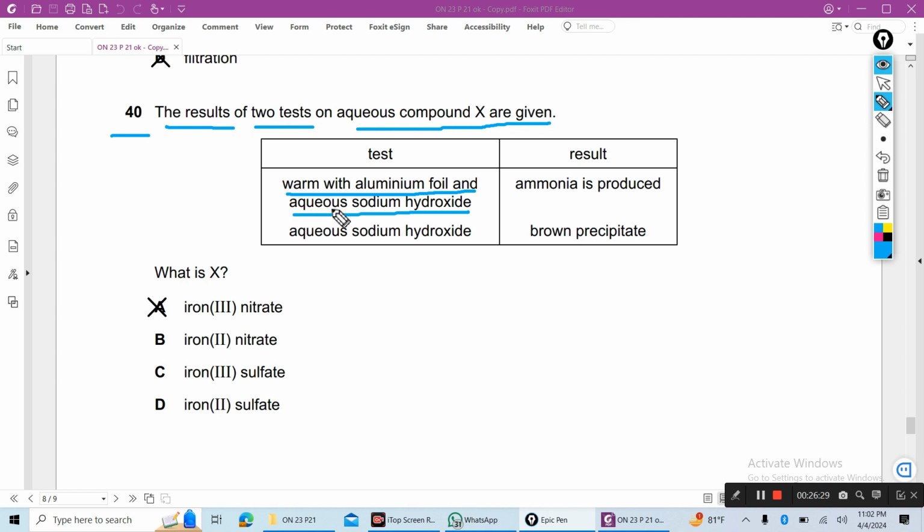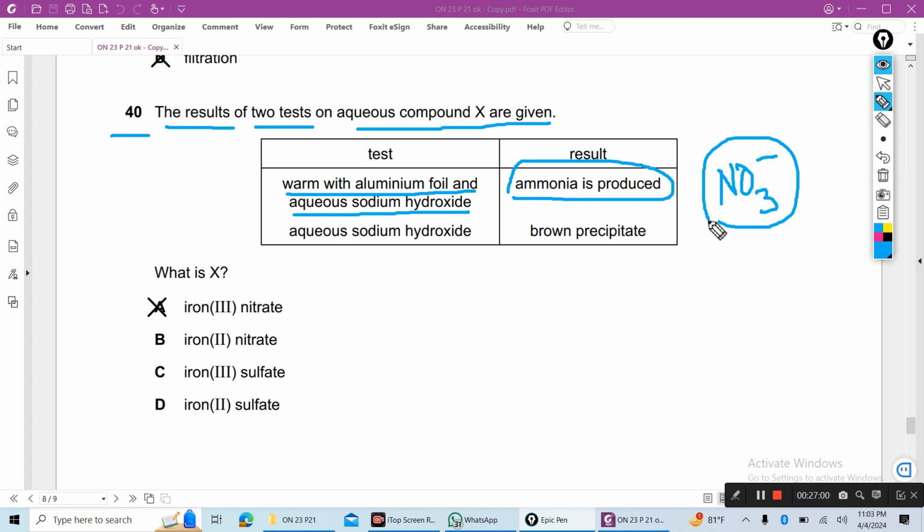And you know, this nitrate ion test works for any nitrate compound, sodium nitrate or potassium nitrate. If you add aluminum foil and sodium hydroxide, ammonia gas is produced which turns damp red litmus paper blue. So this is the nitrate ion test. So X contains the anion nitrate.